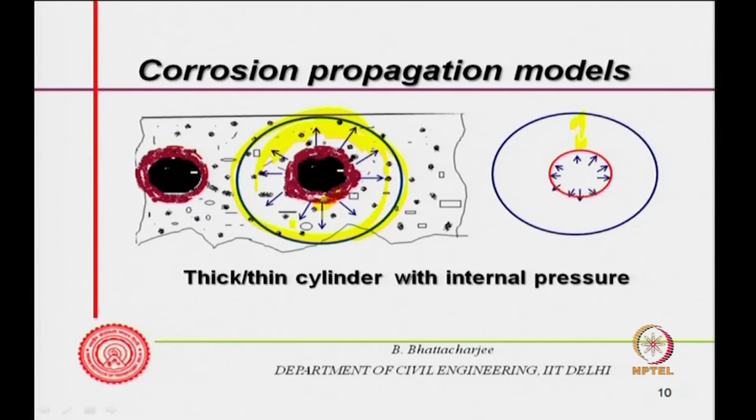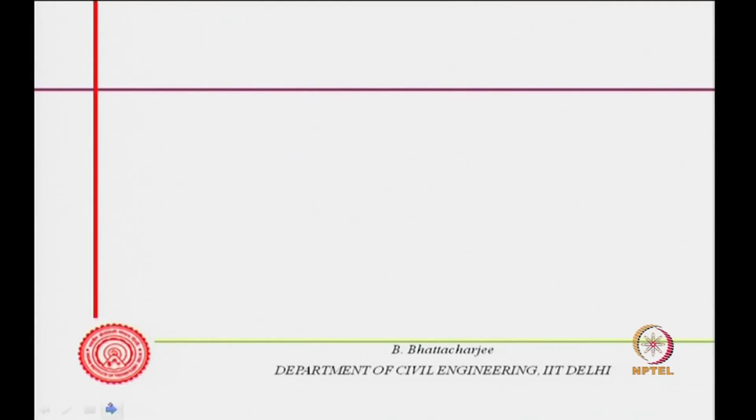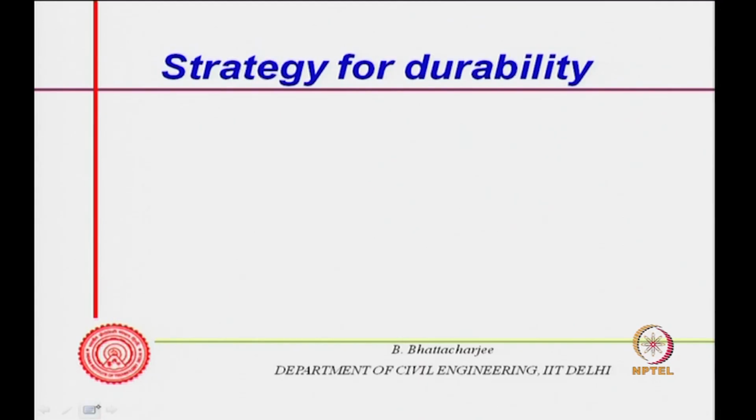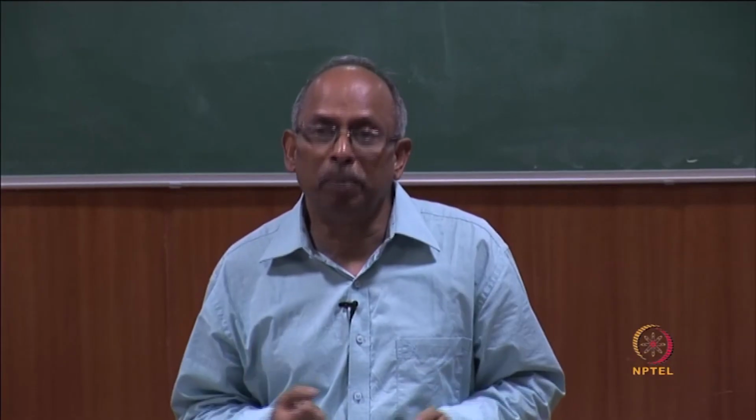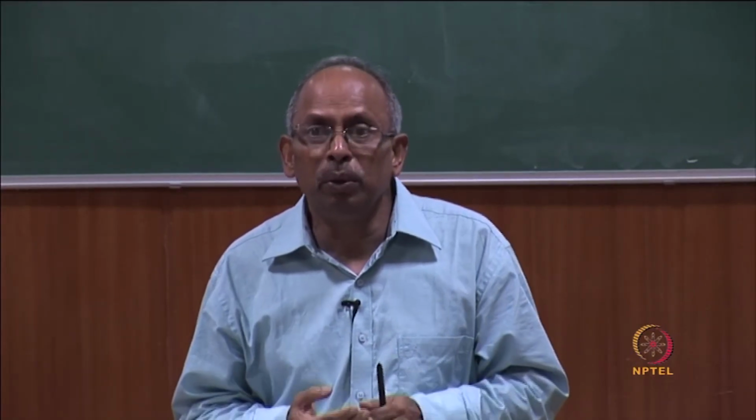But this is how one can visualize what happens, and this can result in the cracking of cover concrete, which is defined as a service line. So, these are the more sophisticated theoretical models. At the moment, even those empirical models that I talked about earlier would be applicable to only specific conditions, but this gives us some understanding of what factors the propagation period depends on.